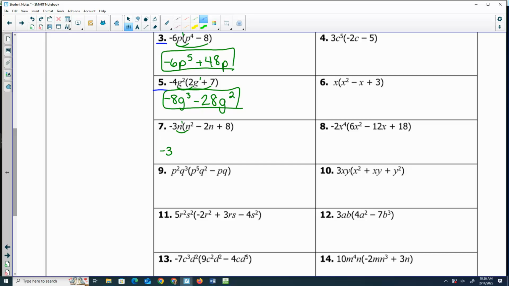N to the first times n squared would be n to the third. Negative 3n times negative 2n would be what? And negative 3n times 8? 8.4n. Okay.